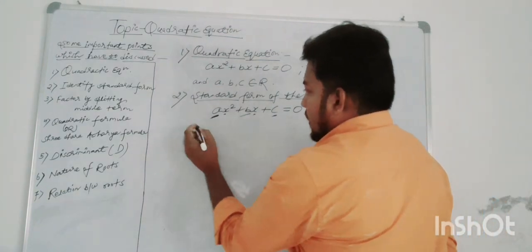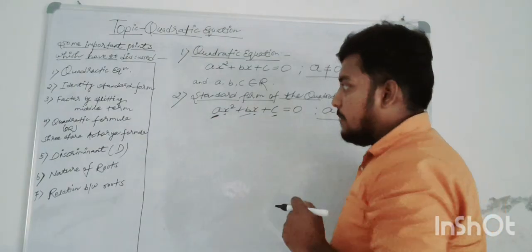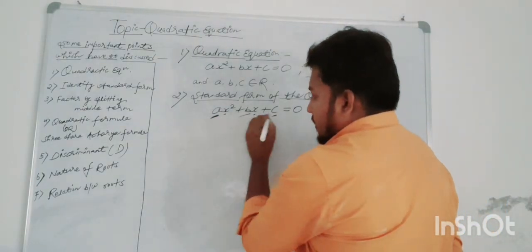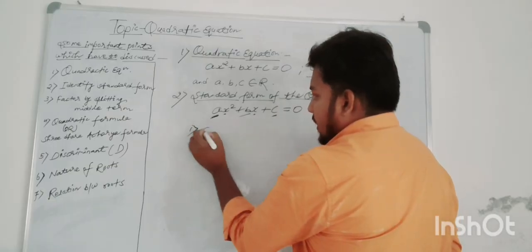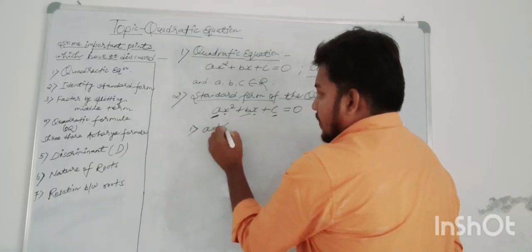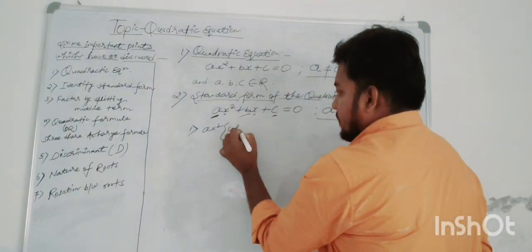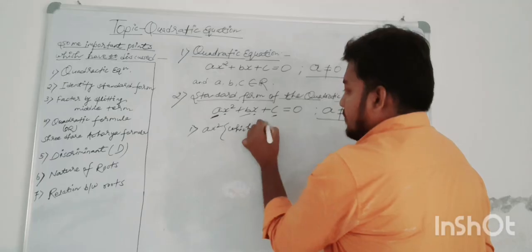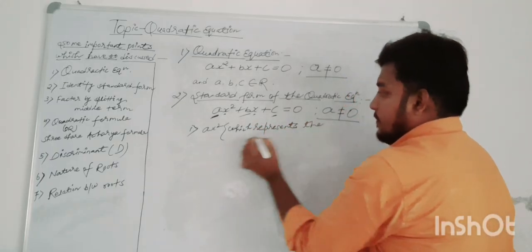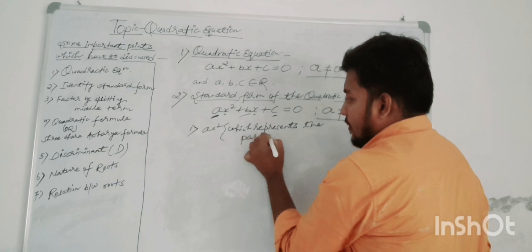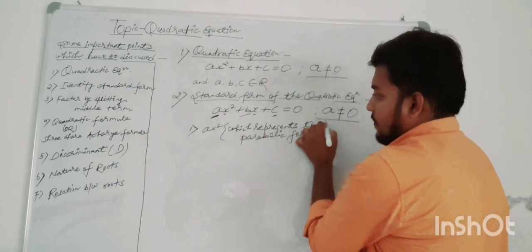So in the quadratic equation, three terms are mentioned. First term is ax square, which represents the parabolic form.